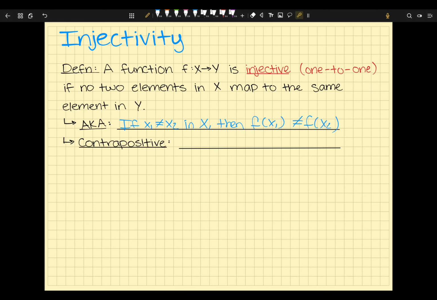So we're saying that if two elements are not the same, then they must not map to the same thing. And then an equivalent way of saying this is that if f of x1 is equal to f of x2, then necessarily x1 is equal to x2.